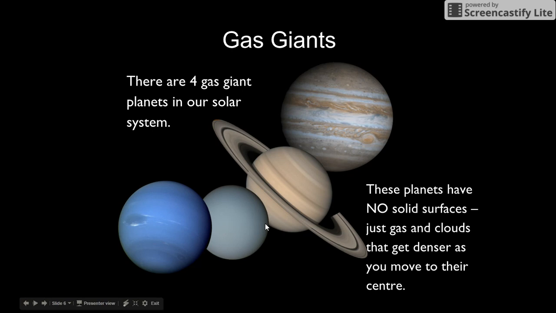While the gas planets are predominantly larger planets, they have no solid surfaces, and they are just gas and clouds, and they get denser as you move to their core or their center.